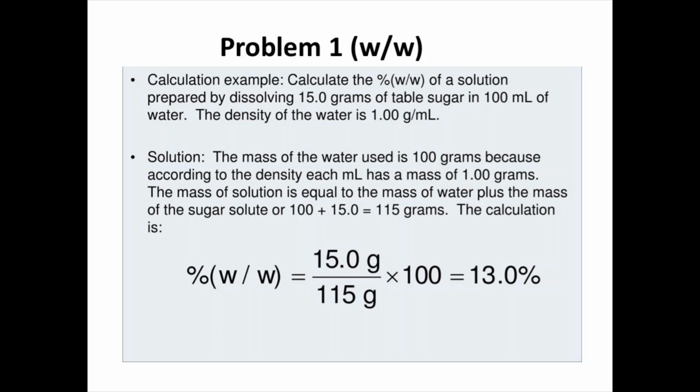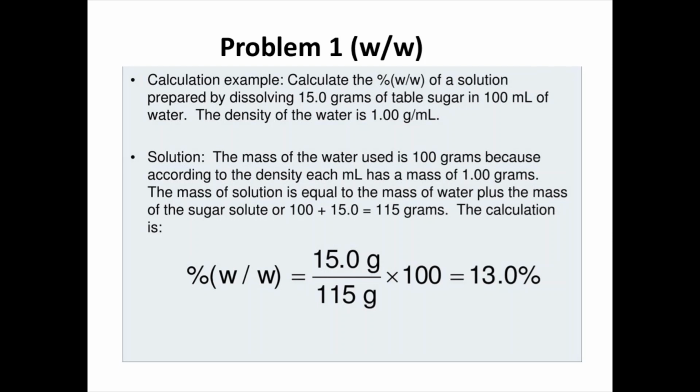So we'll get with one problem. Calculate the percentage weight by weight of a solution prepared by dissolving 15 grams of table sugar in 100 ml of water. The density of water is 1 gram per ml. Everything was just given to you. The mass of the water used is 100 grams because according to density, each ml has 1 gram.